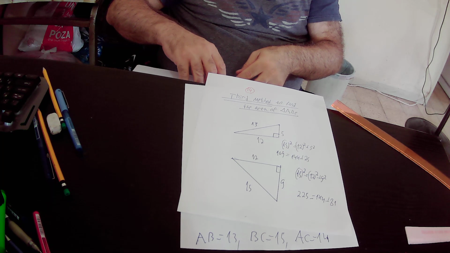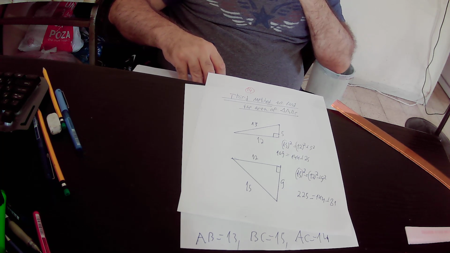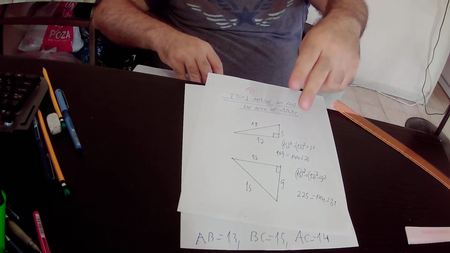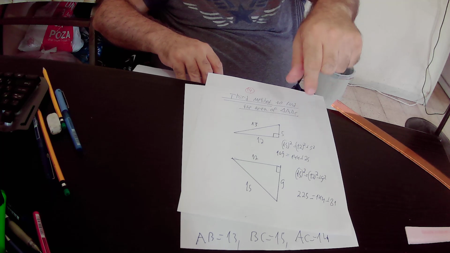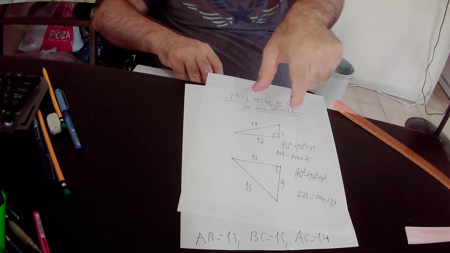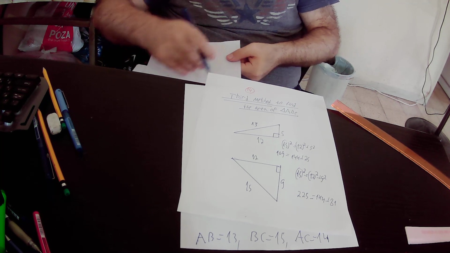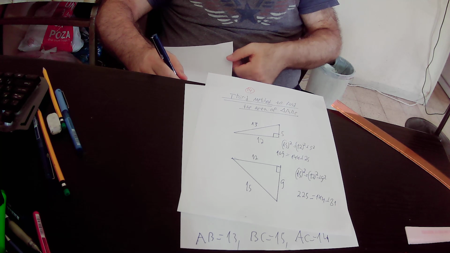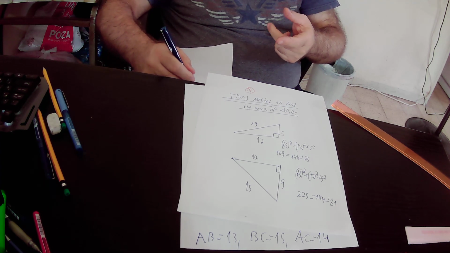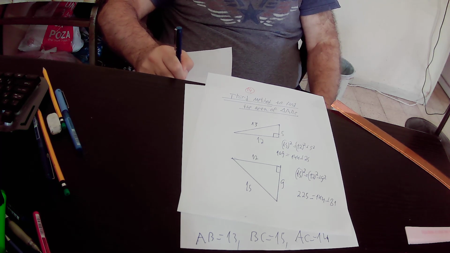Okay, so actually in this way we proved that if the base of triangle ABC equals 14 units, then the height to this base will be equal to 12 units, and the area of any triangle equals the base times the height over 2. So the base is 14 units times the height to the base, 12, over 2.